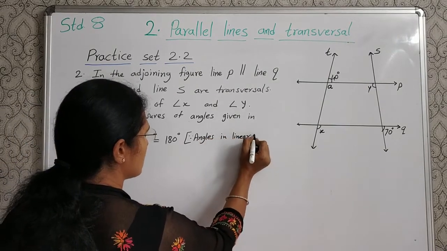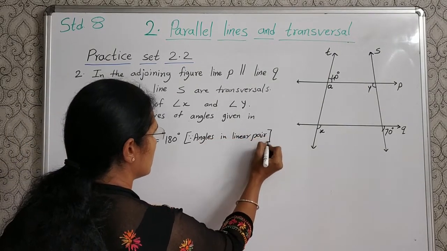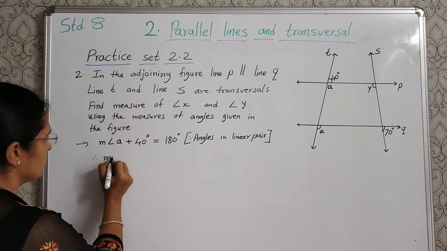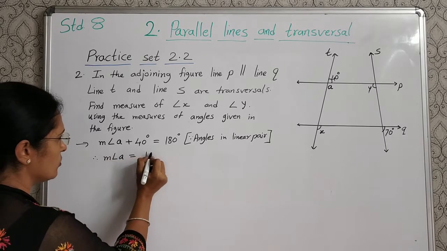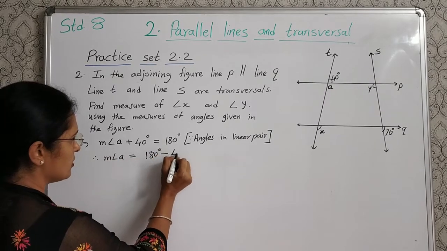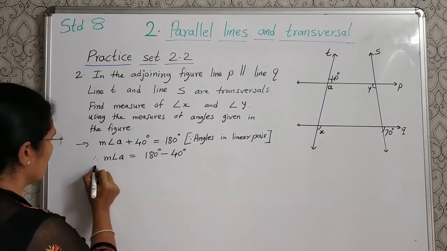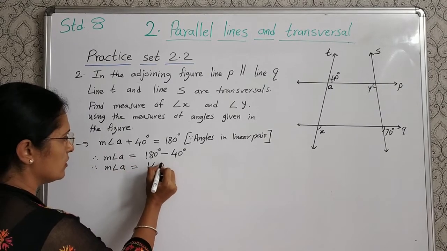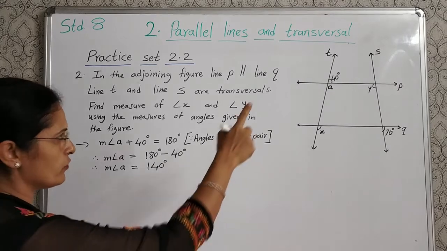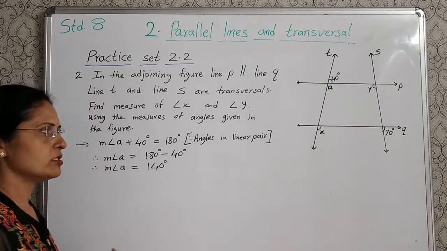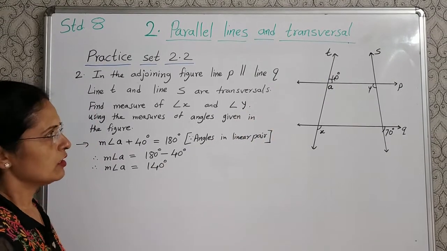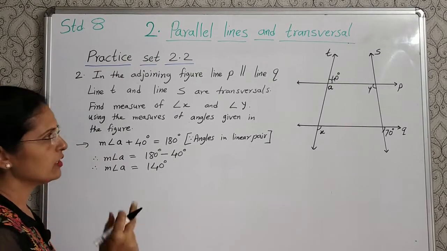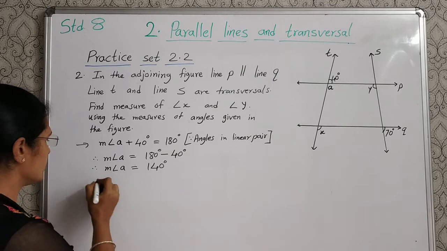Angles in linear pair. Therefore, measure of angle A is equal to 180 degrees minus 40 degrees. And so we'll get measure of angle A is equal to 140 degrees. Now from A we can find out x, because angle A and x are corresponding angles, so they are congruent. They are corresponding angles formed by parallel lines and their transversal.